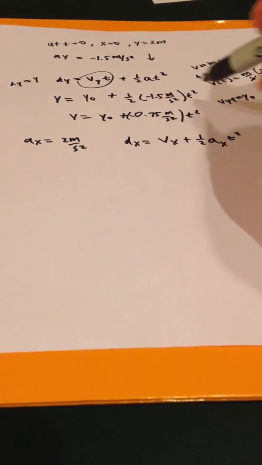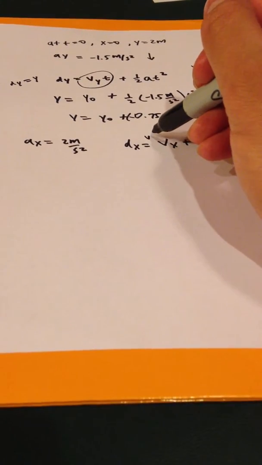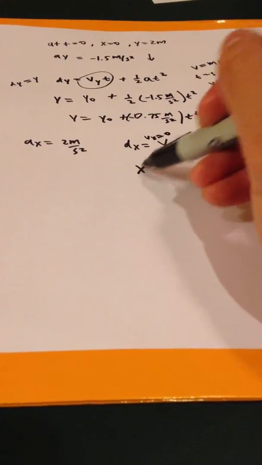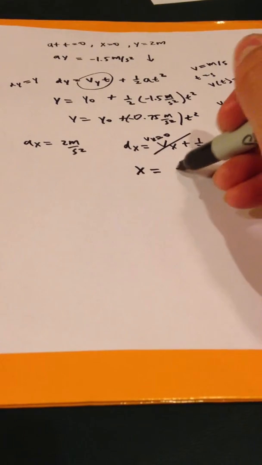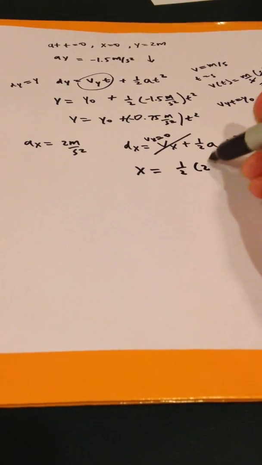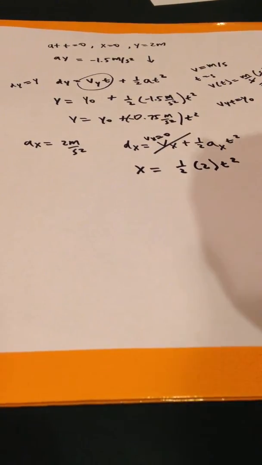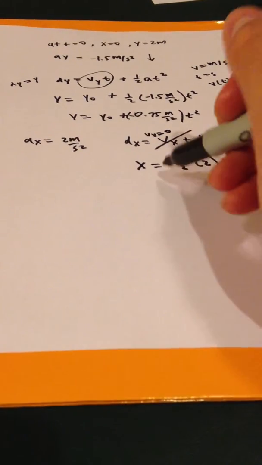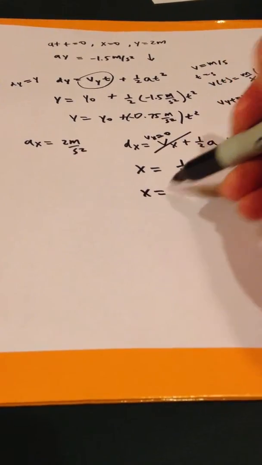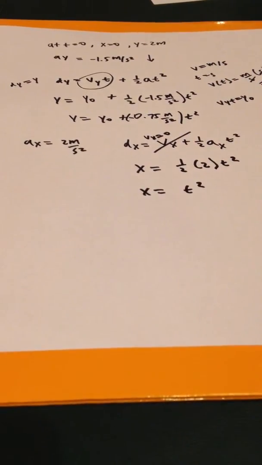And we know that the initial velocity in the x direction is equal to 0, so that cancels out, and we have x equals 1/2 times 2 times t squared. If we simplify this, we get x equals t squared.